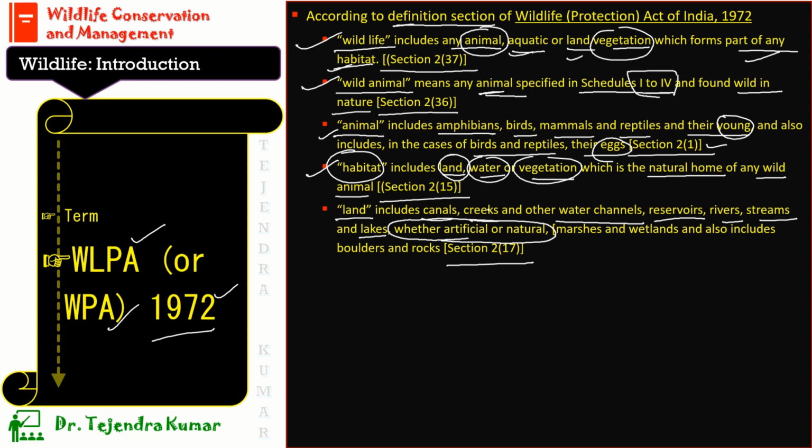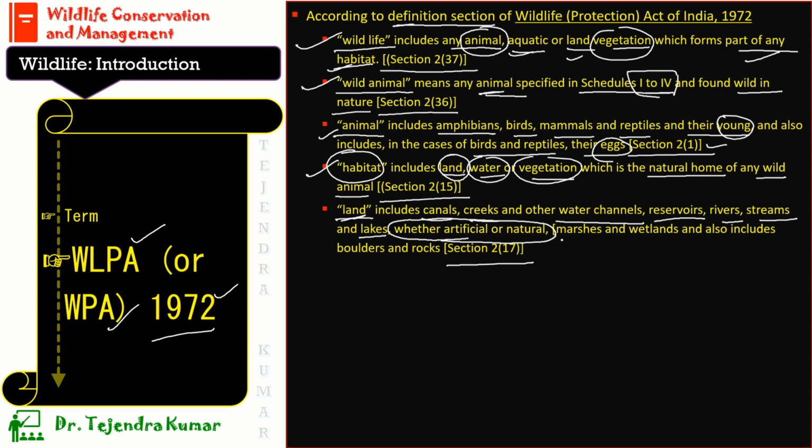If there is a lake, like the Sanjay Lake in Delhi, it is artificially created by the government, but it is actually habitat. Although created artificially, it provides a natural kind of habitat for some animals and birds.